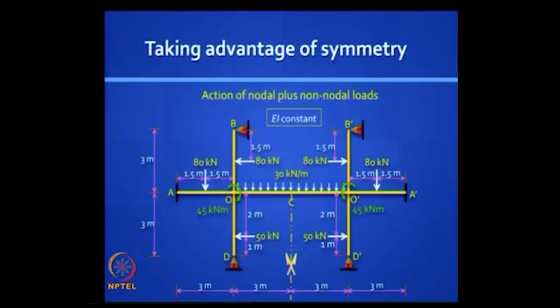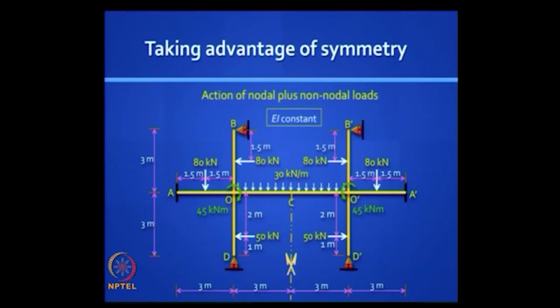Now let me take another case, don't take this down, I just want to demonstrate, where you also have in addition a concentrated moment here and here of 45 kilonewton meter. Now this picture looks scary, is it not? But you are brave warriors who have learned displacement methods, and you will first recognize this is symmetric, and you will say if you cut one half, you will do what we did in the previous slide.